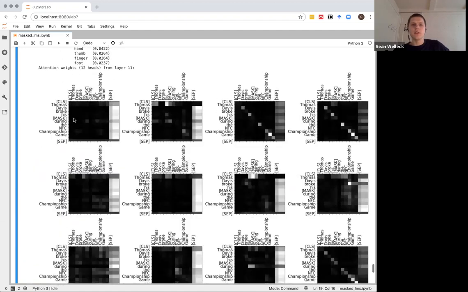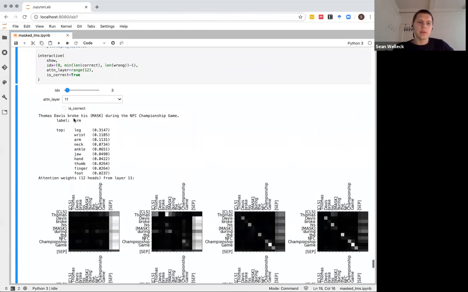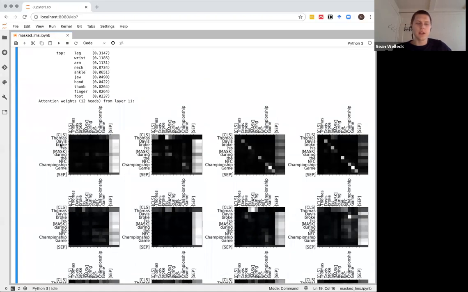Oh yeah, so these heat maps. Each heat map here is showing, I guess I didn't explain what these axes are. The axes are showing each input token. On the left here, we have beginning at this CLS token down to the N token, and up here, we have the same thing.